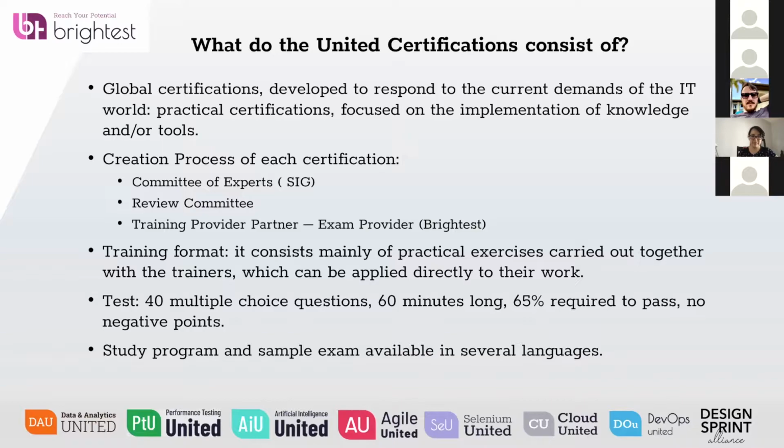For example, the ISTQB board aims at setting standards for testers. For the United certifications, you will have more of a focus on how to implement this knowledge or tools into your work. For example, with Agile United, you will be focusing on how to use the Agile methodology as a tester in your professional life. With Performance Testing United, you will focus on the use of JMeter, for example, when doing your performance testing.